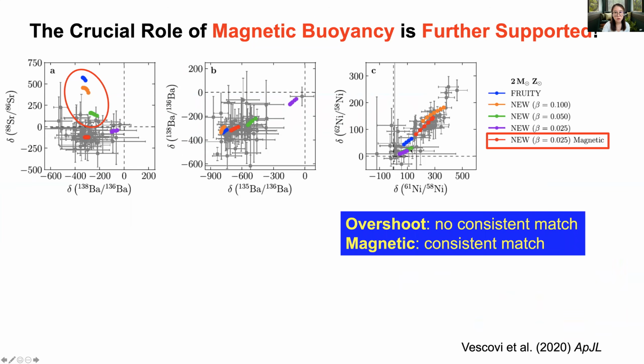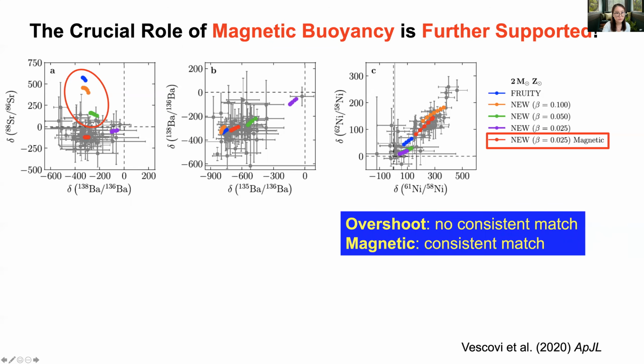The upper panel shows the models with overshoot, these 4 sets of models. Now overshoot induced carbon-13 formation, and these exponential carbon-13 mixing profiles cannot consistently explain the grains' strontium, barium, and nickel isotopic compositions.